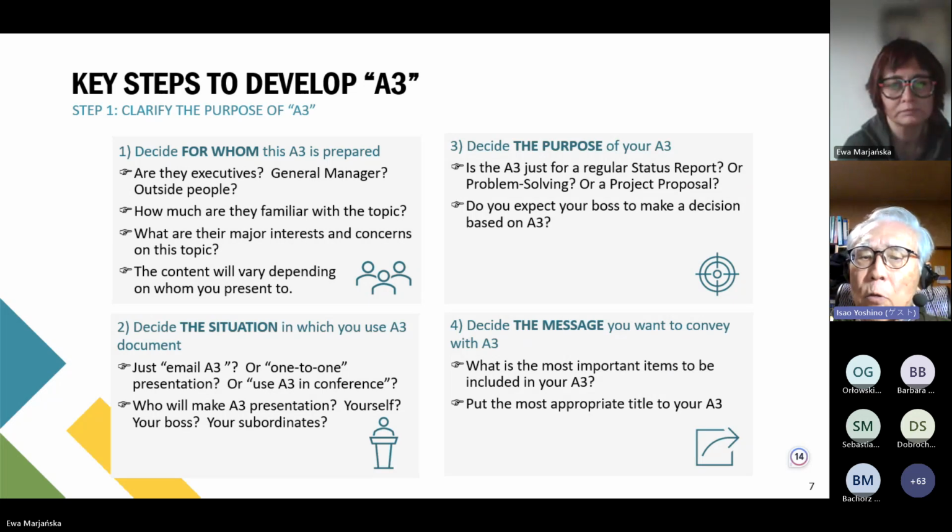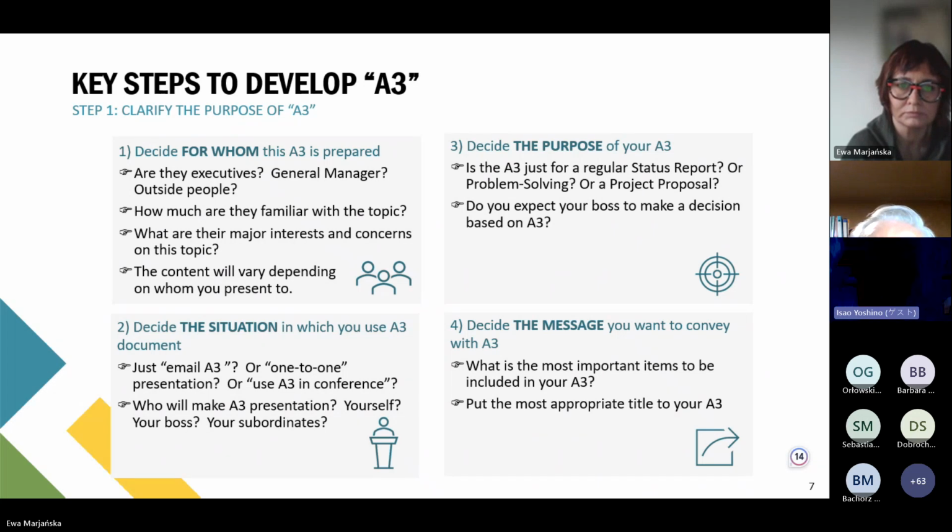So for the writer, the space is limited. So you want to put everything, but you have to select the most important thing. That is important for the writer, and also for the reader, the people who receive this A3.